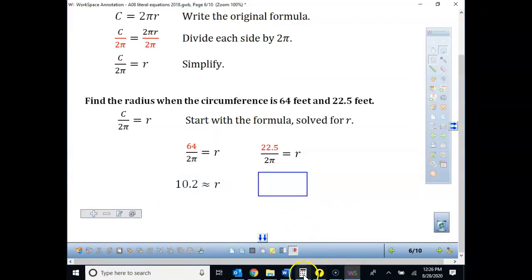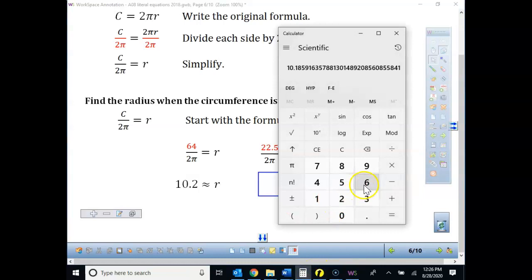Now, someone said, well, what if I'm putting this in my calculator and I put 64 divided by 2 times pi? Well, your calculator is going to give you this answer, because if you look at my process, 64 divided by 2 gives me just that answer.